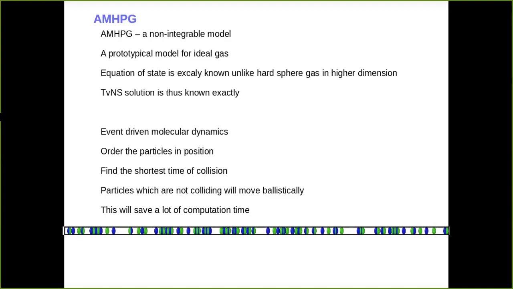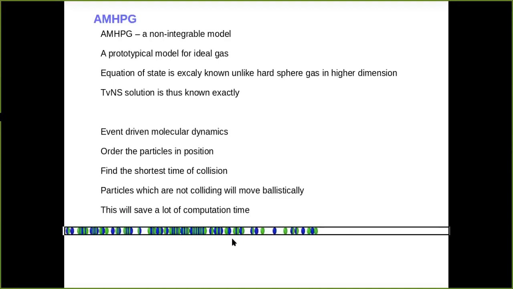We use event driven molecular dynamics simulation for this microscopic simulation. To do that, we order the particles in position, and once they are ordered, they cannot cross each other as they are hardcore particles, and we find the shortest time of collision. Then particles which are not colliding will move ballistically, and this saves a lot of computation time. Here I made a movie. Each color is for a different mass.